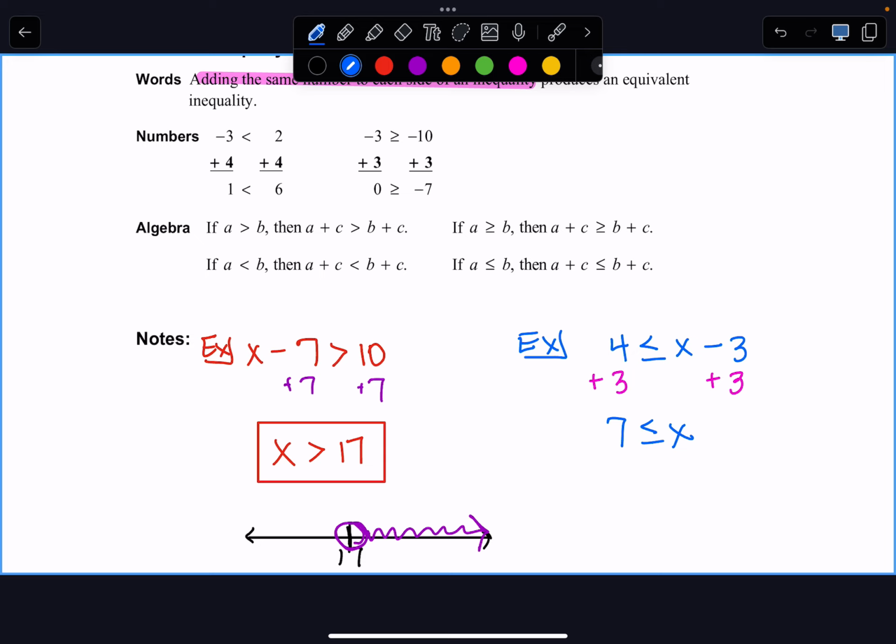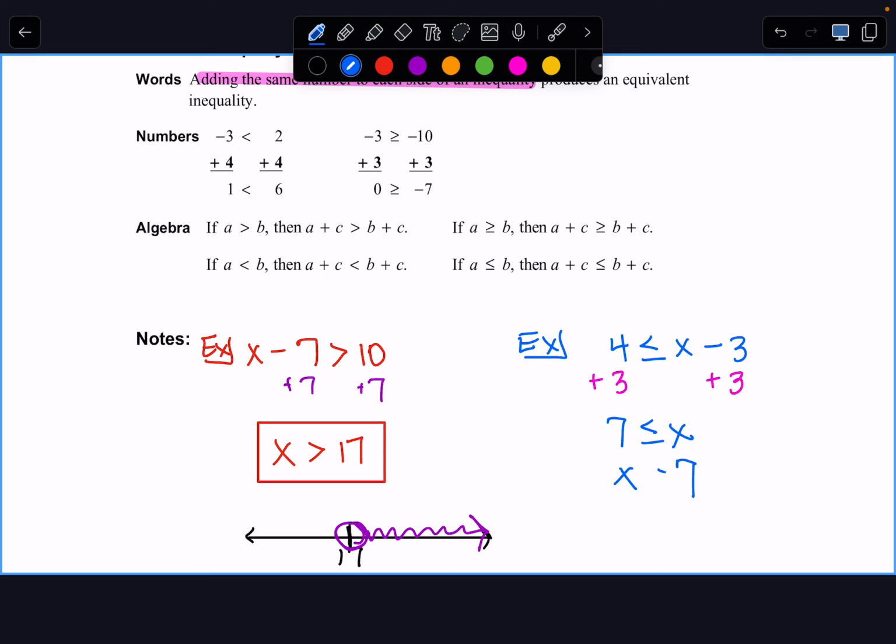Okay. Now, I do not mind if you leave your answer like this, but I think a lot of us are more comfortable when the x is on the left side. So you can leave your answer like this, or you can rewrite it where you can flip-flop where x and 7 are, but please make sure the sign is opening to the number it's supposed to. So do you see how the alligator is opening to the x?